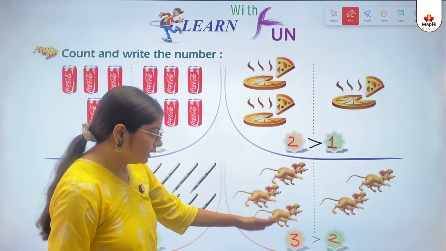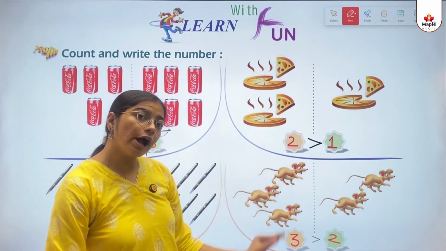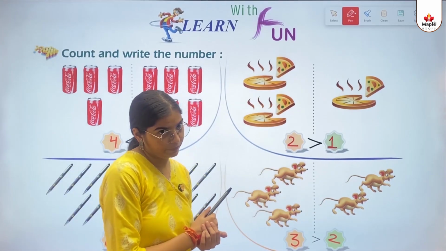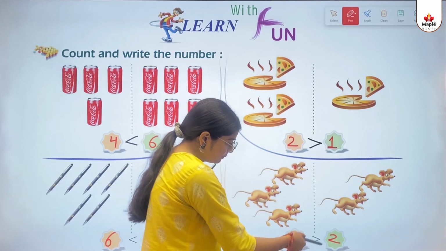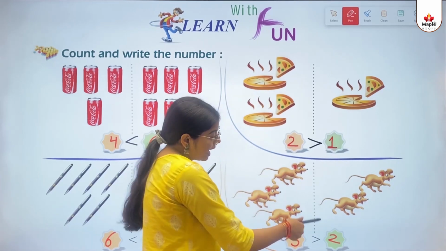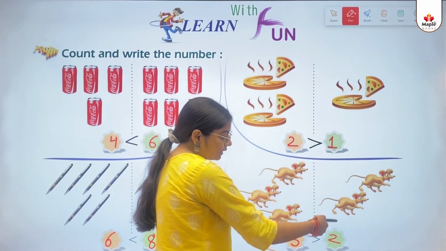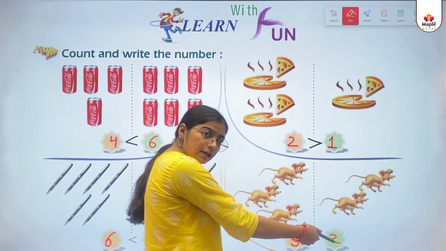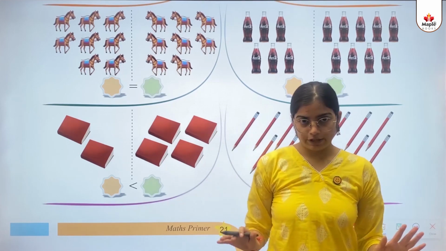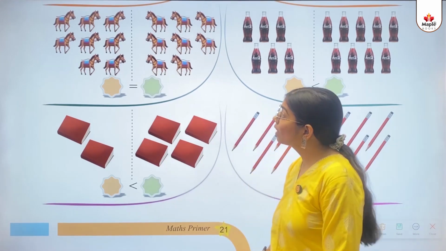So, 3 is greater than 2, or we can say that 2 is less than 3. As you can see, the symbol here also has the open side toward the greater one and the closed side toward the smaller one. Got it? So, we will look at some more questions like that.